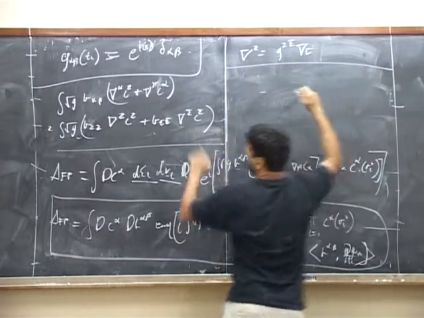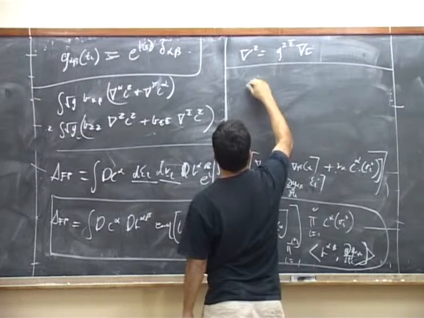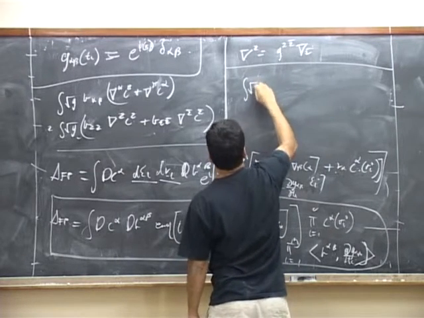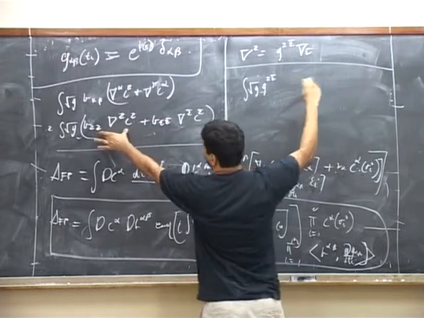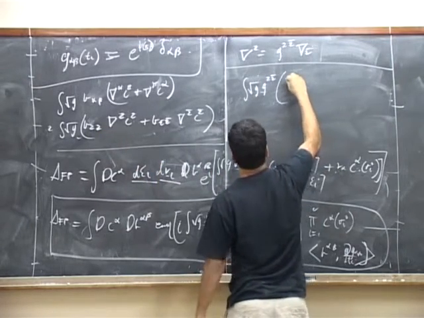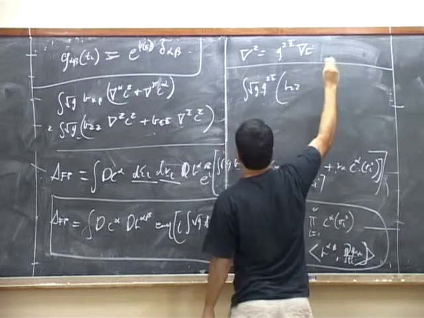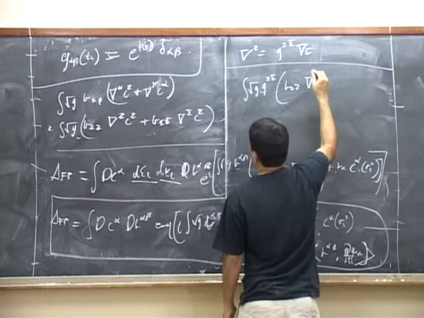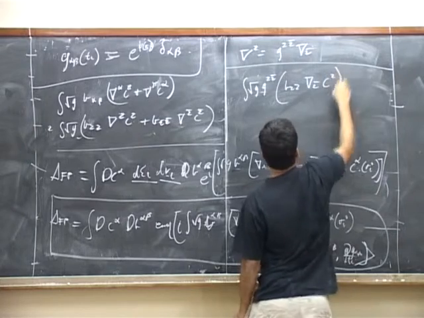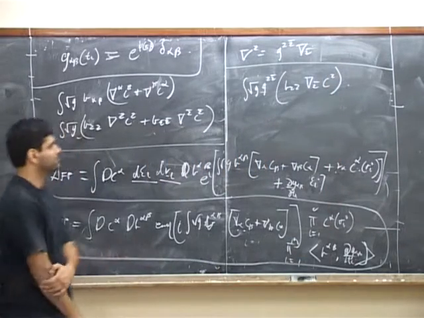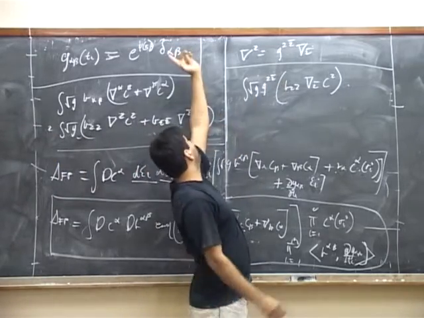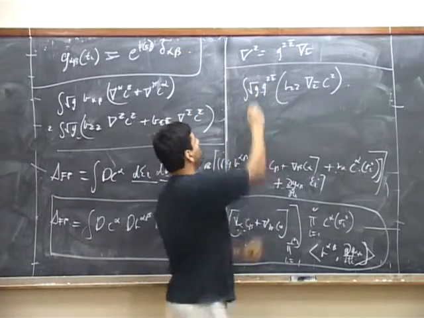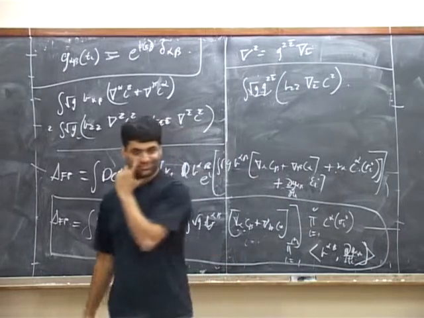Therefore, we can rewrite this as the integral of square root G G Z Z bar times, let's work out only the first term, the second term will be very similar, B Z Z del Z bar of C Z. Now the first thing you know is that for a conformal metric of this form, this quantity is simply identity.